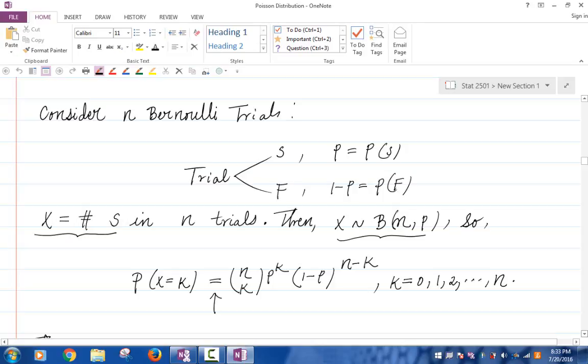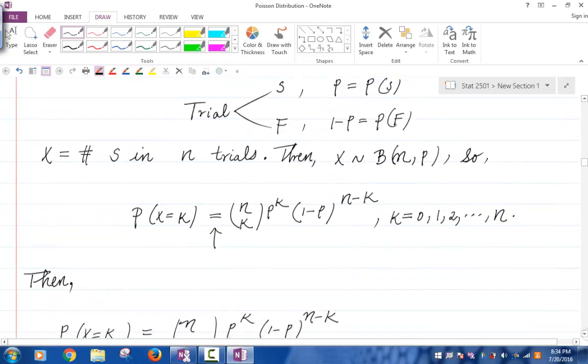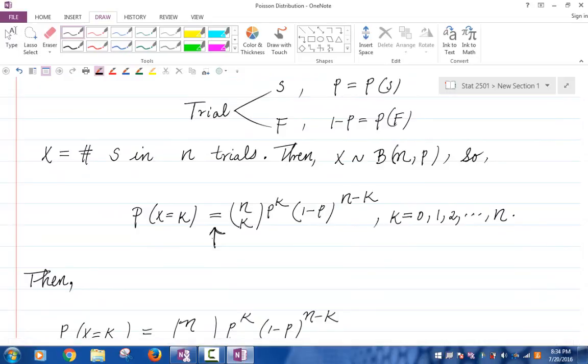Then X has a binomial distribution with parameters n and p. The PMF of X is given by P(X = k) = (n choose k) p^k (1 - p)^(n-k), and the possible values of k are 0 up to n.